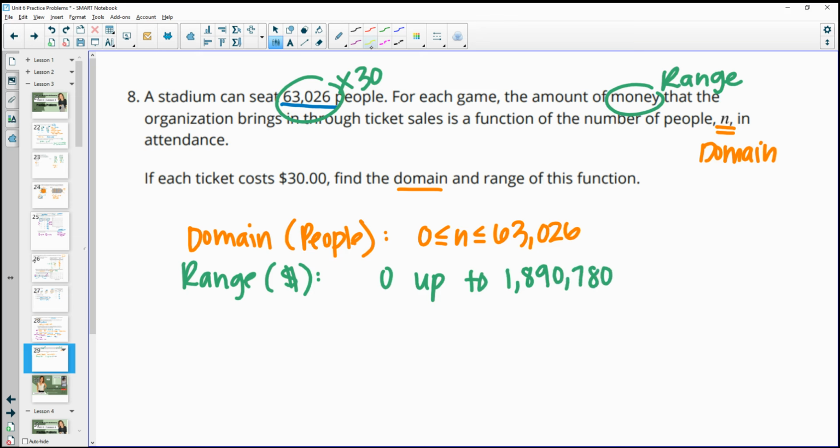So from 0 to 1,890,780. Again, if you want to write it with inequality notation, did they tell us a variable for the money? They didn't. So we could just call it y. So 0 has to be less than or equal to y, meaning y has to be greater than or equal to 0. And then y has to be less than or equal to that $1.89 million.